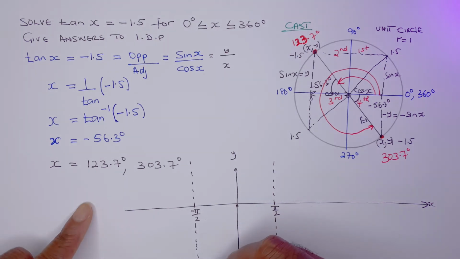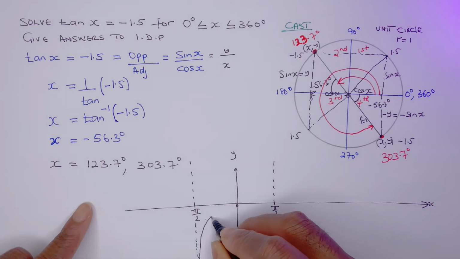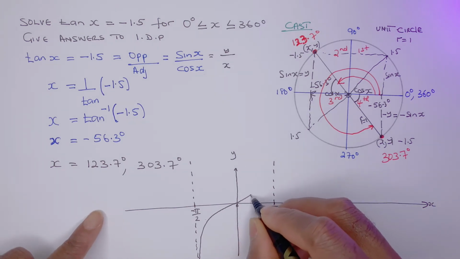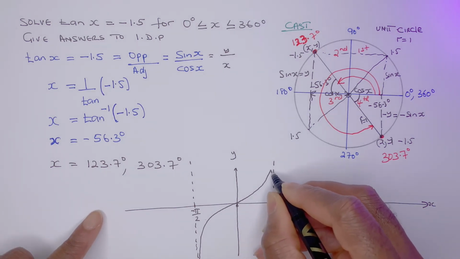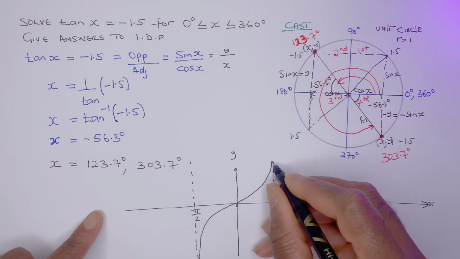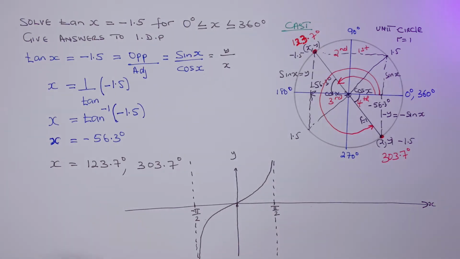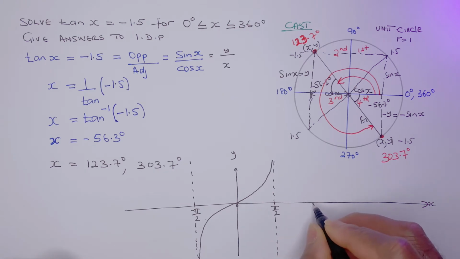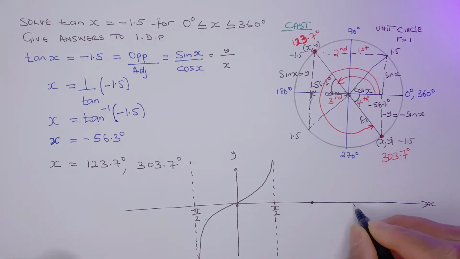And so it will be going that way, all the way, approaching 0 there, 0 degrees, and all the way to the line of asymptote here at 90 degrees. So that's a tan function, and it repeats every pi. So that's a pi. The next one along will be pi here, and then 3 pi over 2.